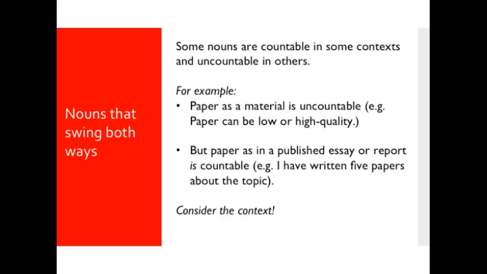But if we're talking about papers as in the paper that you're writing for a class or a report, then it is countable. You can say, I've written 5 papers about my research topic. So you have to always consider the context, and you can literally just pull up your hands and try to count whatever noun is in question, and if you can't count it, then it does not require an article. If you can, then it does.